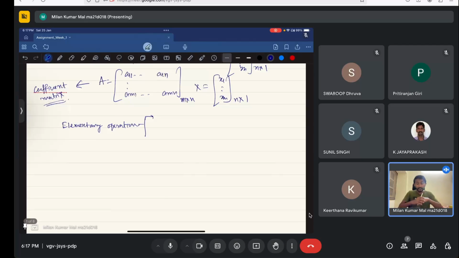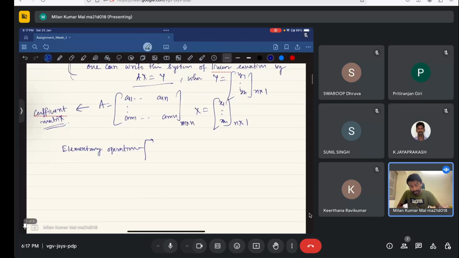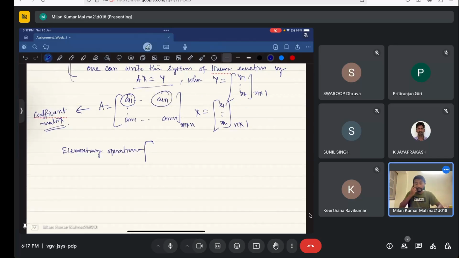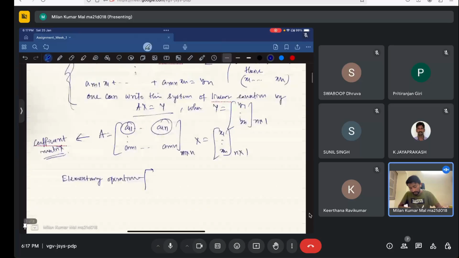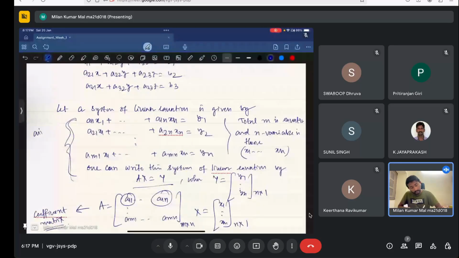What is a scalar here? Scalar means the entries a11, a1n and so on. These entries aij can be elements of the real numbers, or of the complex numbers. If anyone knows finite fields, aij can come from a finite field also.